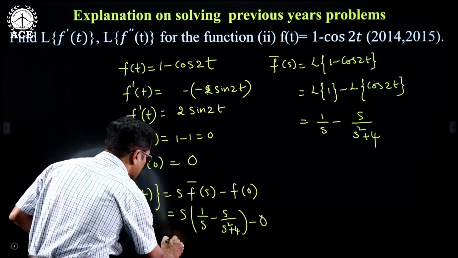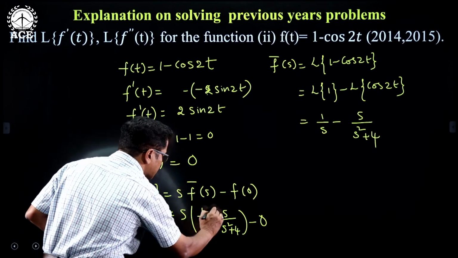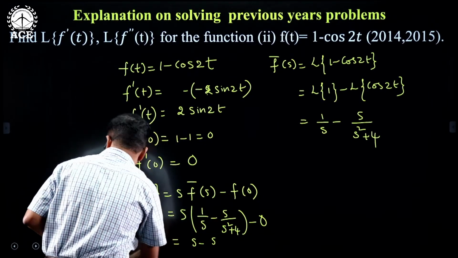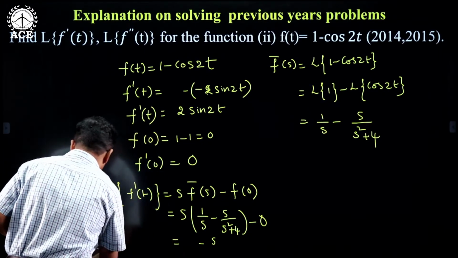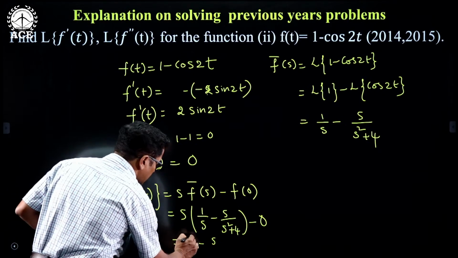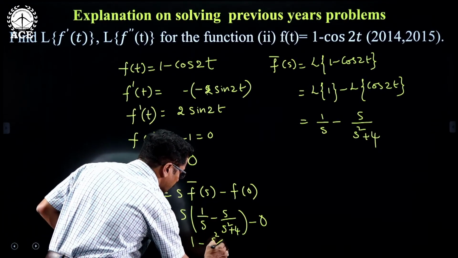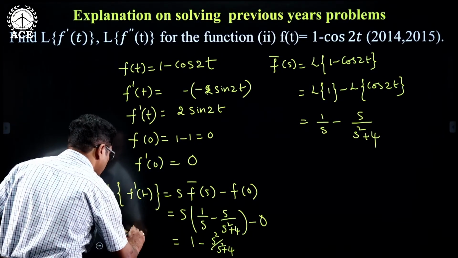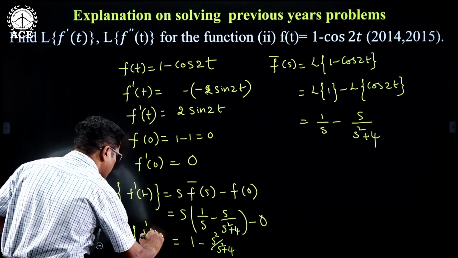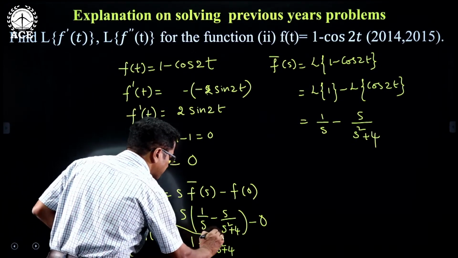So on simplification you will get s into 1 by s is 1, minus s into s is s square by s square plus 4. So this is L of f dash of t.